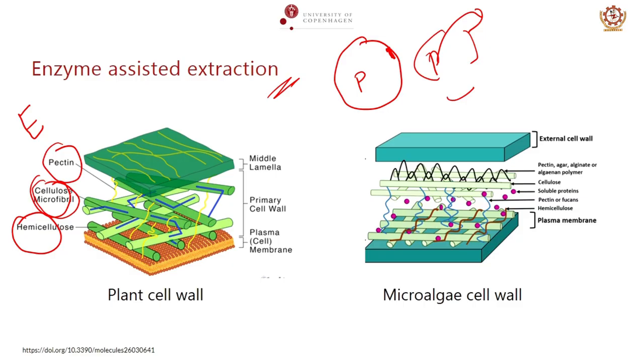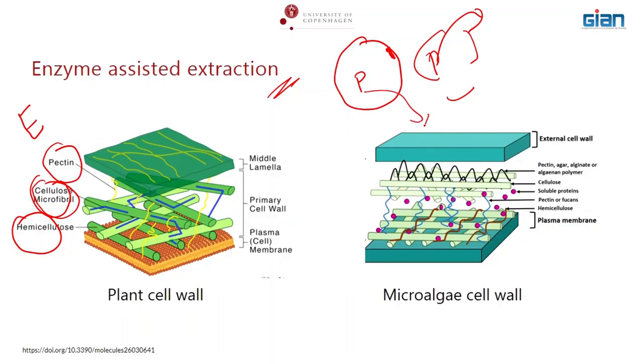And for example, the microalgal cell also contains protein in its cell wall. Which one will you use? Proteases. Basically, what we use in reality is a combination of these enzymes, not only cellulase, not only pectinase, not only protease. We use the combination of the enzymes to hydrolyze the cell wall to bring the protein out. That's the only phenomenon here.